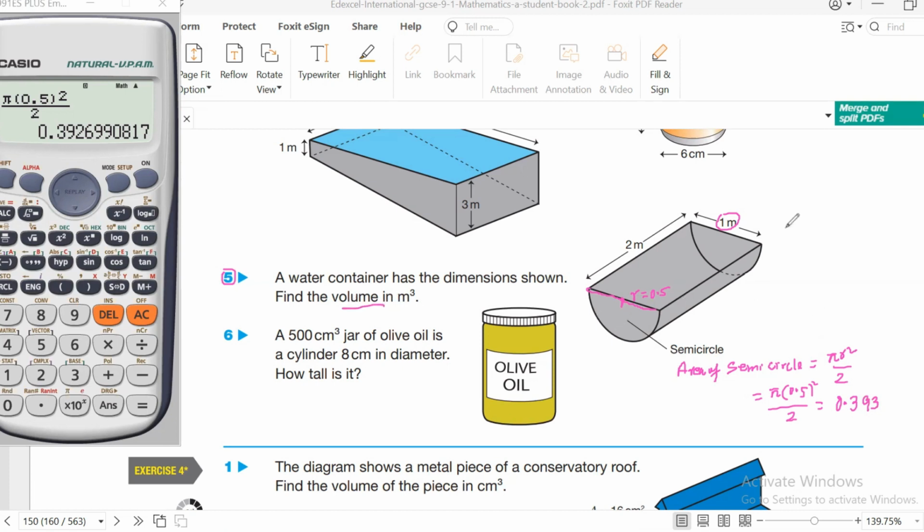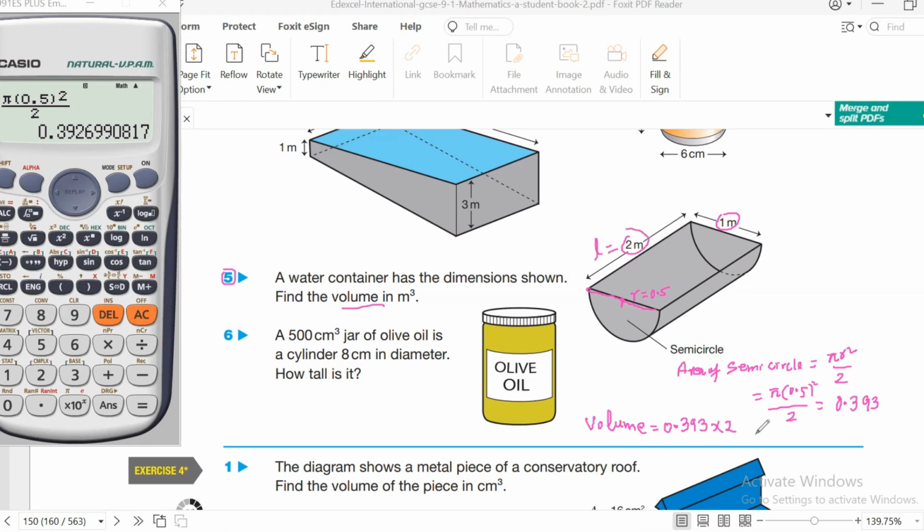So volume is equal to the front part, which is the cross-sectional area, the area of the semicircle we found already, 0.393, multiplied by the length. This is the length, L equals 2.